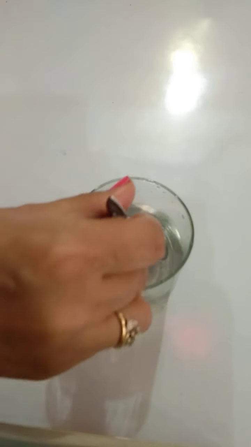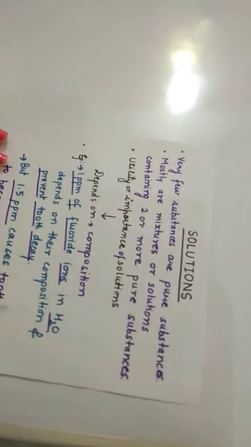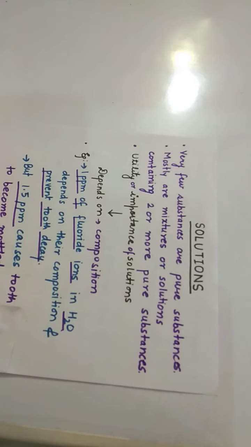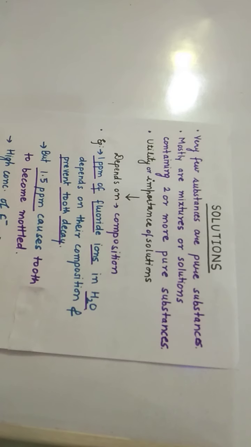So a solution is generally made by mixing two or more pure substances, like sugar in water. Now, very few substances are pure substances. If you see in nature, very few substances are pure.